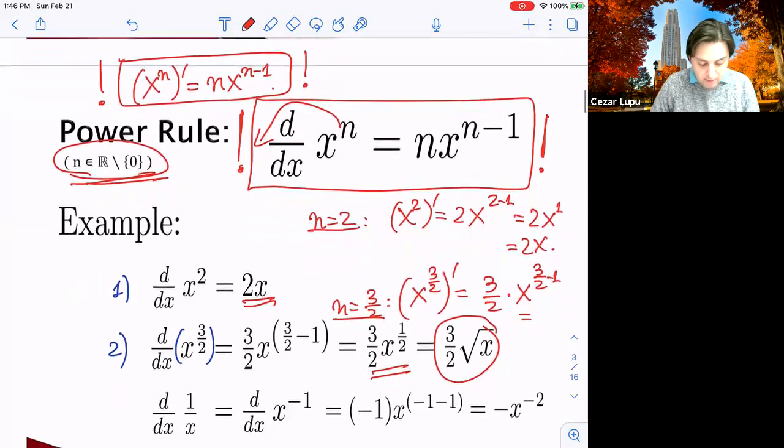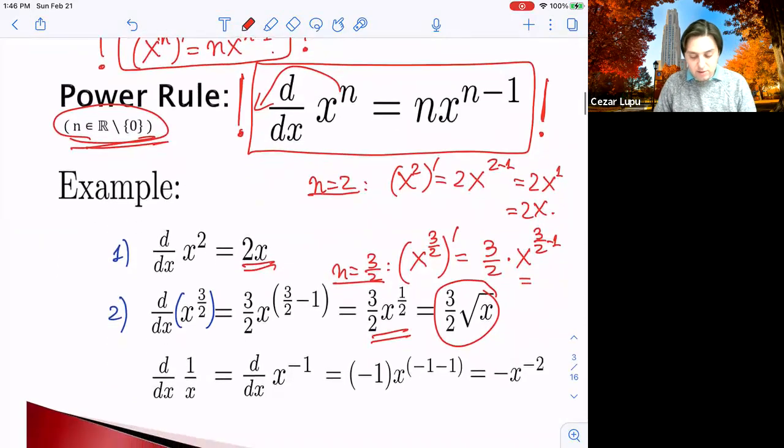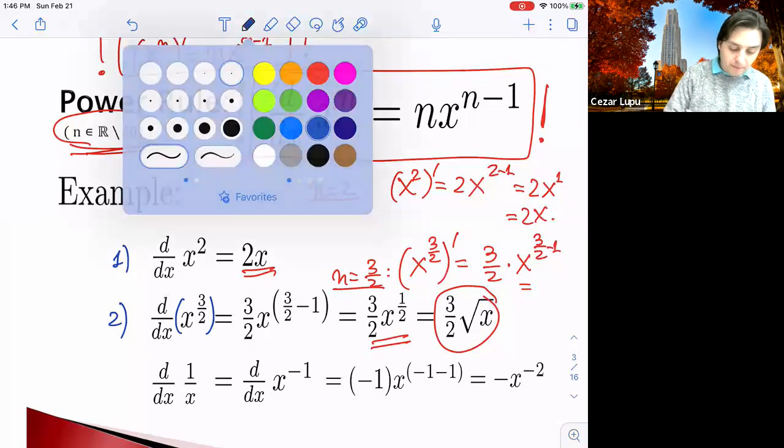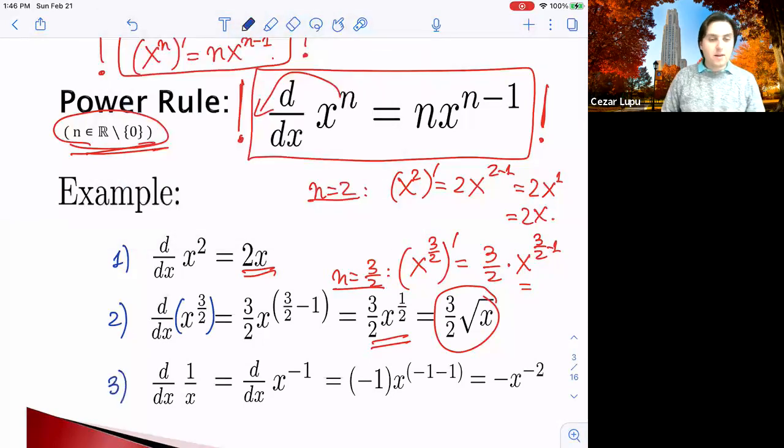Now let me tell you another example. The third example is, what if we want to compute the derivative of this function 1 over x? Well, you can write 1 over x as x to the power -1.